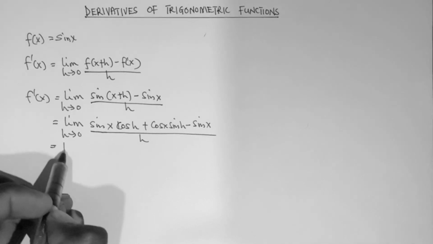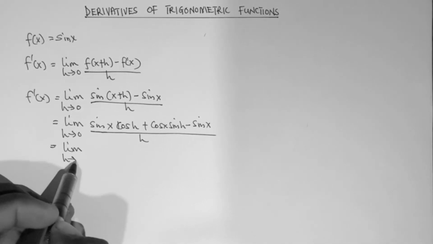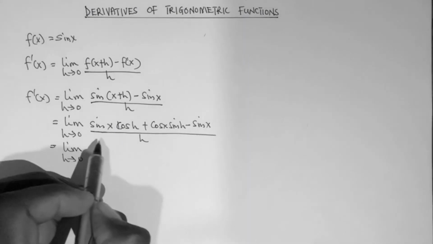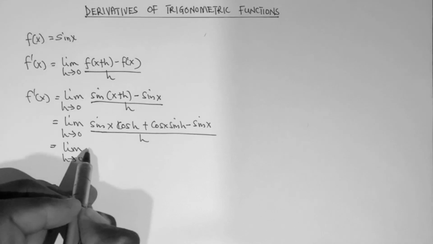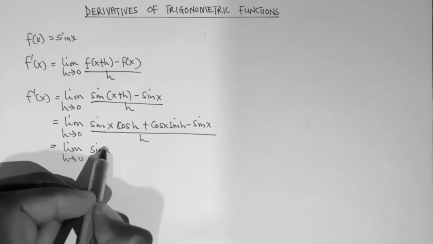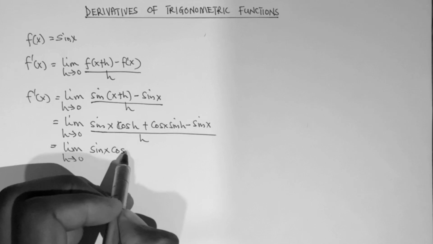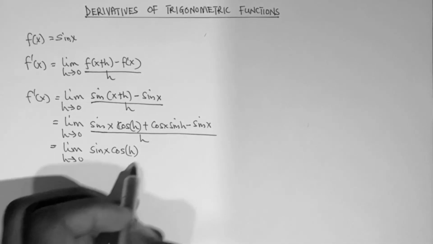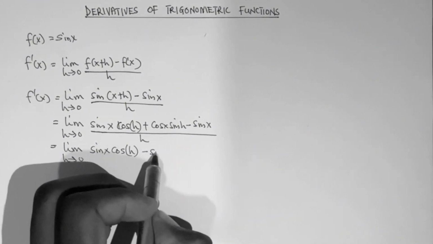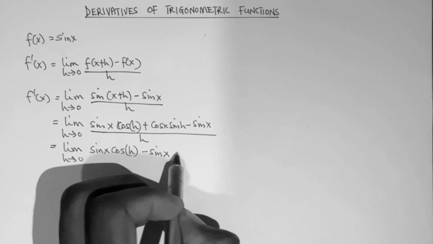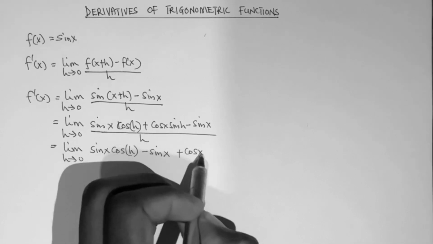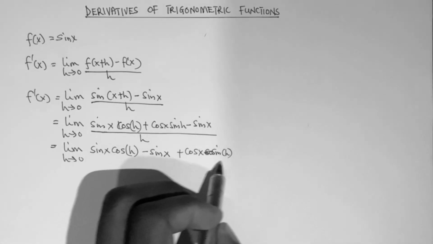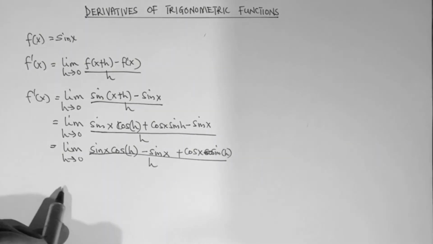So this is equal to the limit as h approaches 0. Now I want to bring this minus sine x to this place. So this will become the limit as h approaches 0 of sine x cos h, minus sine x, then plus cos x sine h, divided by h.